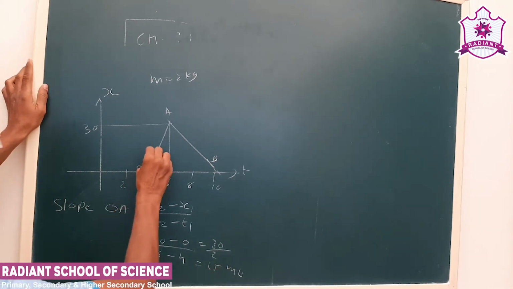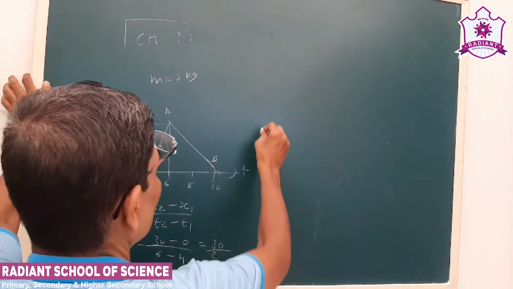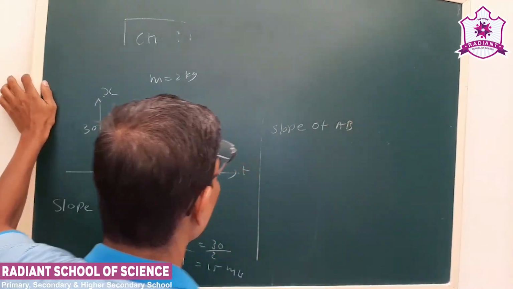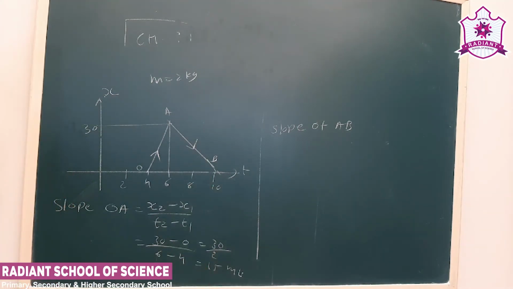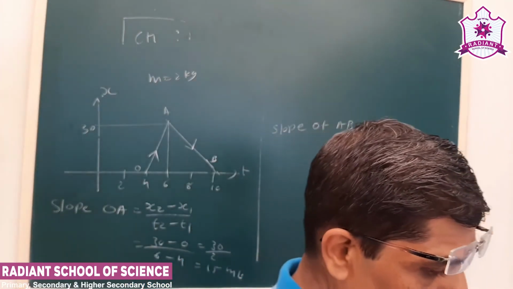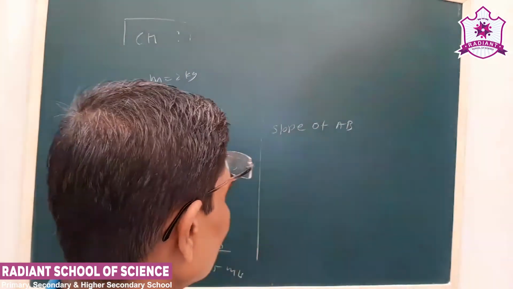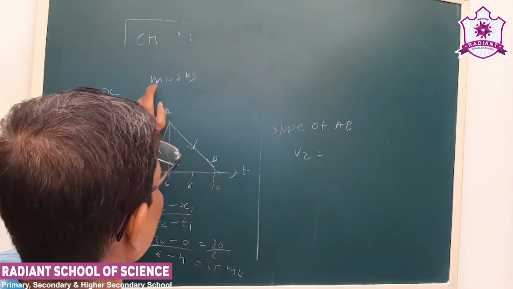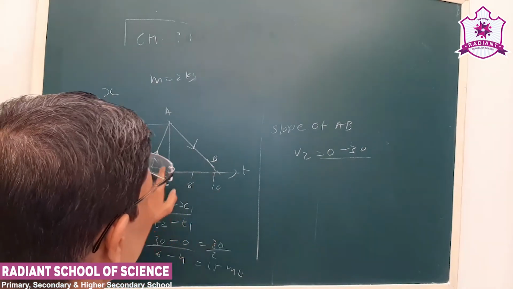Also the x versus t graph is going upward, so it will be positive velocity. Okay, now what is the slope of AB? Now see here, it is going downward. We discussed earlier that if the x versus t graph is going downward, there is a negative velocity. So V2 will be 0 minus 30 upon the difference of time, 10 minus 6.